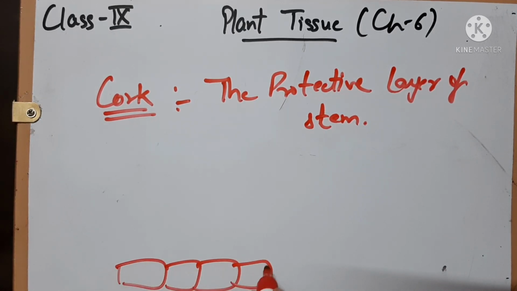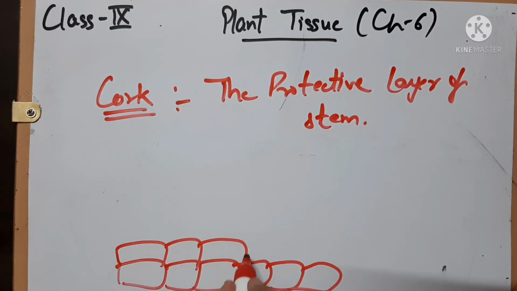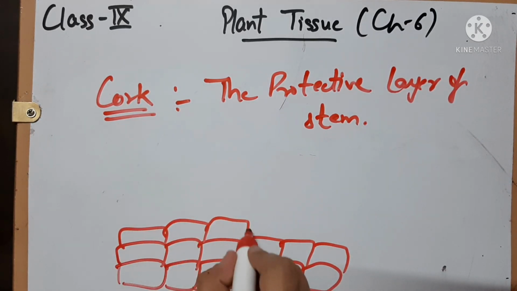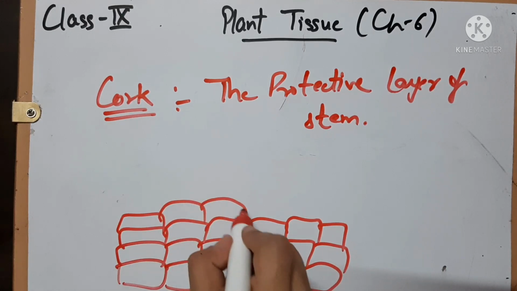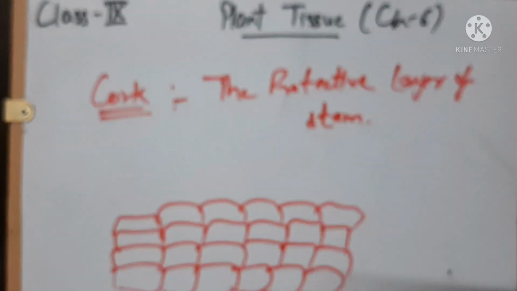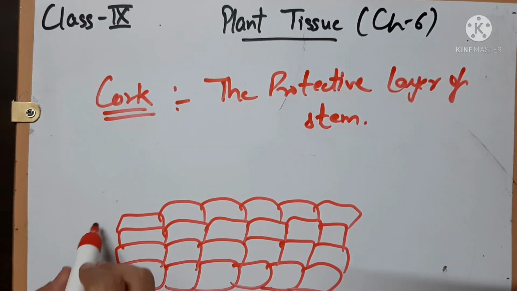How is this cork made? When the epidermis, or you can say the epidermal layer, keeps on accumulating layer over layer of itself. You all know that epidermis is a living tissue.